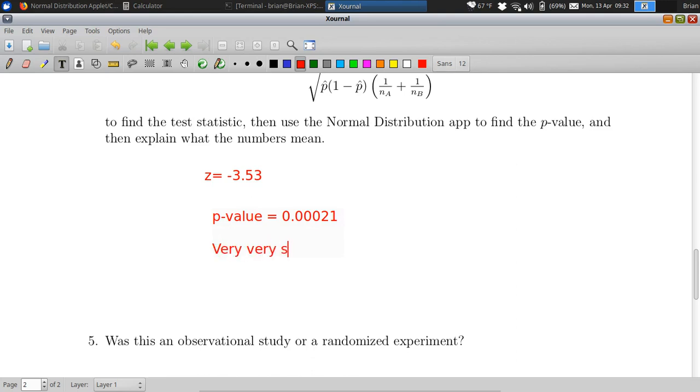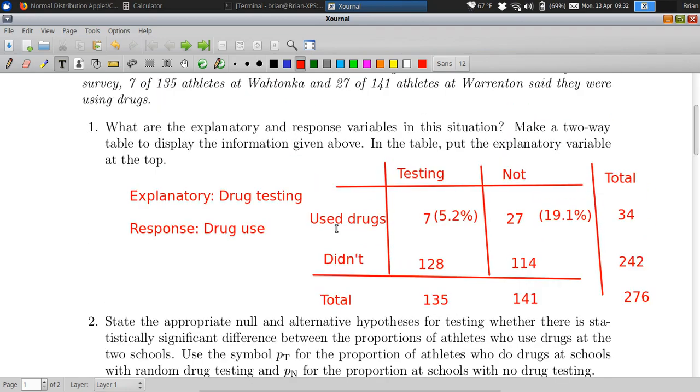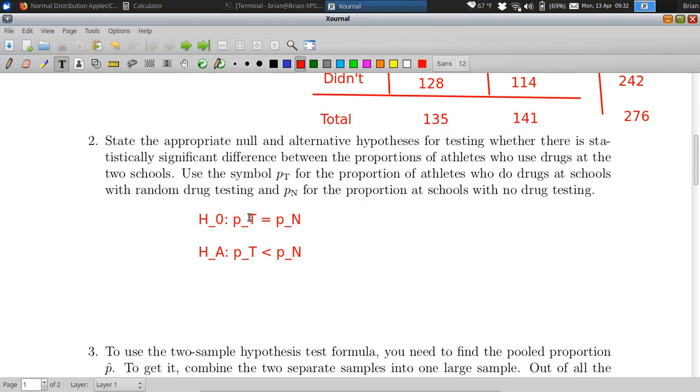So it's very, very significant evidence. But what is it evidence for? So we're talking about drug testing. We want to know if drug testing works. We had a null hypothesis that said no, it wouldn't make any difference. The proportion of students using drugs would be the same at schools with testing and at schools without testing.